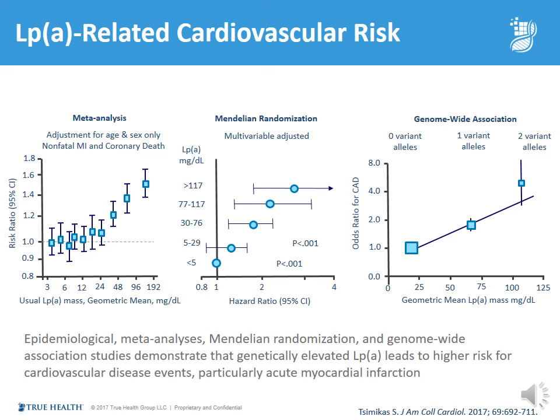And interesting on the right, where it shows the allele variant number matters. And for those who have two variant alleles, likely will have the highest Lp(a) mass concentration, the risk is highest.